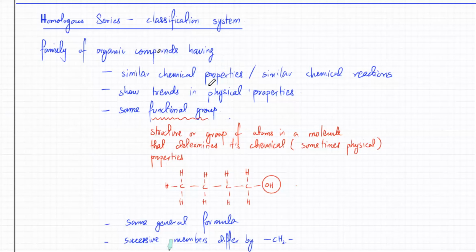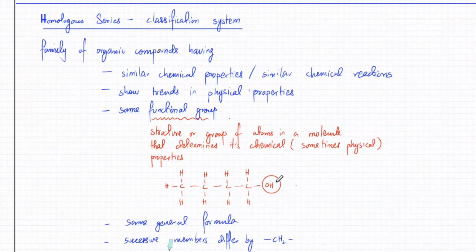They show trends in physical properties. So the melting points are low. They would not be identical, but there would be trends in their physical properties. They would have the same functional group, which basically means that organic molecules are large and complicated. Whenever there's a chemical reaction, the whole thing is usually not taking part in the reaction.